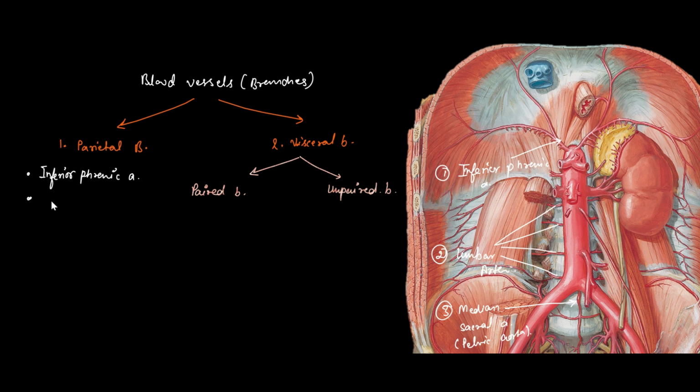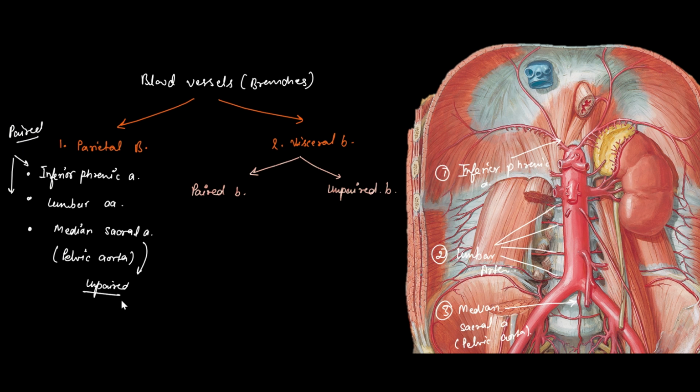The second one we studied is the lumbar arteries, and the third one we studied is the median sacral artery, which is also known as pelvic aorta, and is unpaired, whereas these two are paired and this one is unpaired.